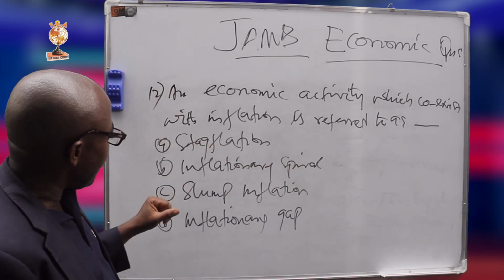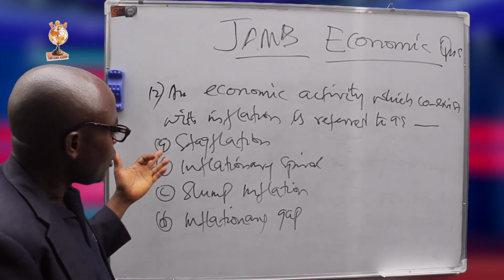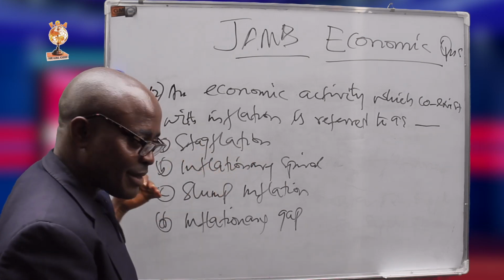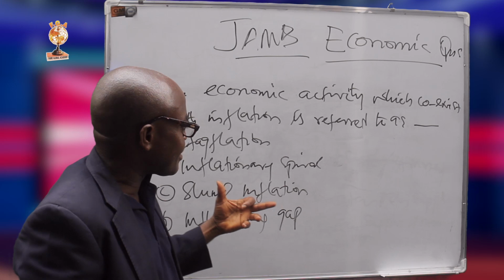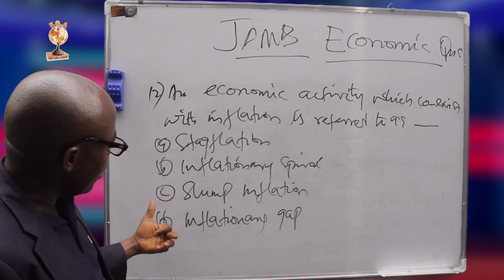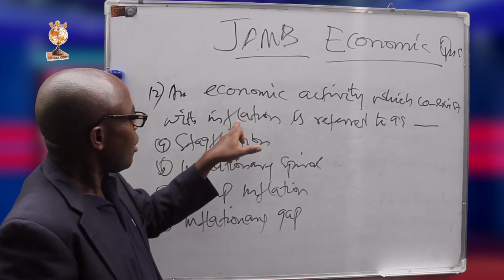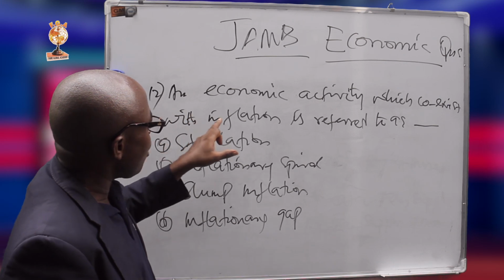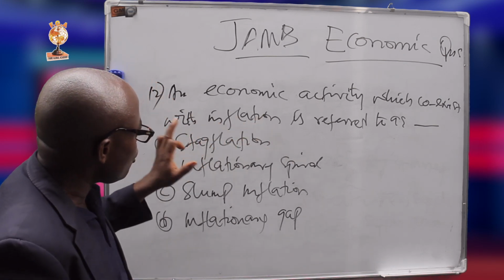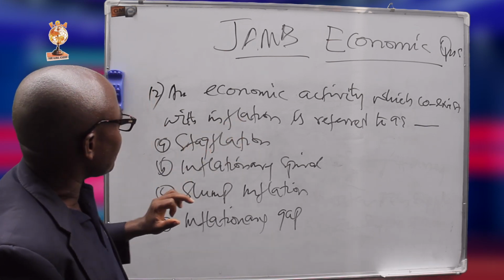Now, A, we have stagnant inflation, stagnated in such a way that we look at how to stabilize it. Now we have what we call inflationary spiral. The money that is on the high side in the economy, we are looking for which one will be better to use to control so much money in the economy.